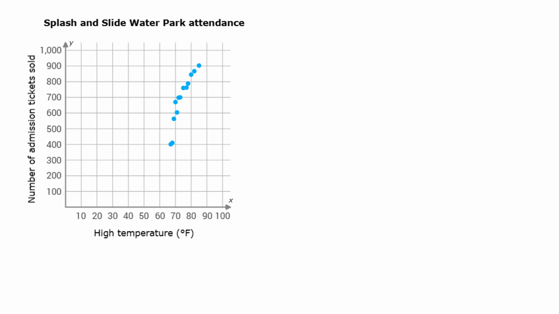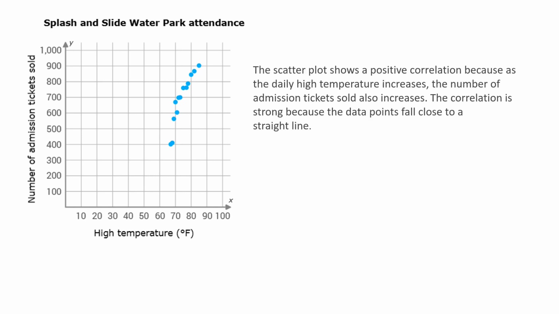However, this is how you need to write it. The scatter plot shows a positive correlation, because as the daily high temperature increases, the number of admission tickets sold increases.